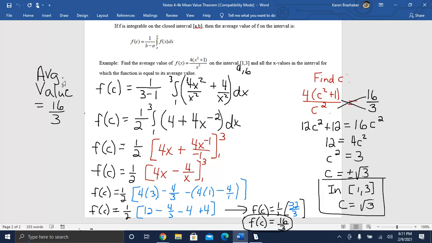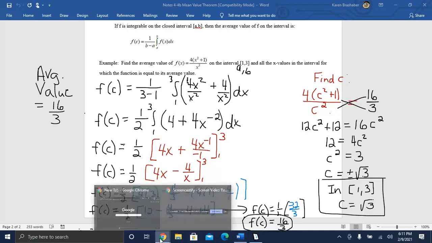So your average value is 16/3, and the c where it occurs in the interval is the square root of 3. So you'll have a few problems today that will focus on the mean value theorem and finding the average value of the function, and continue to ask for help as you need it.